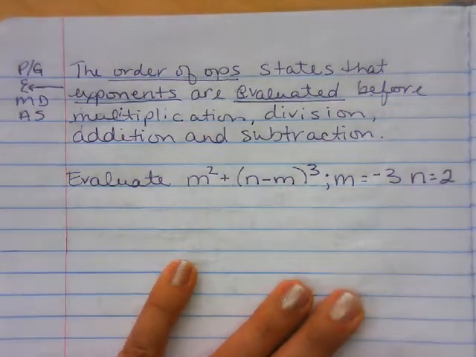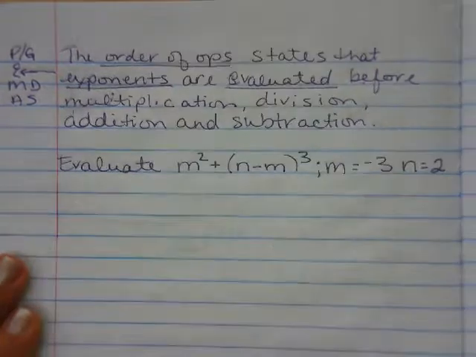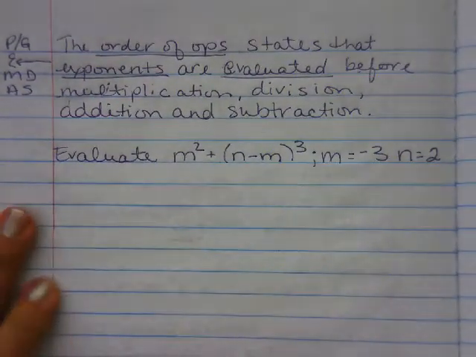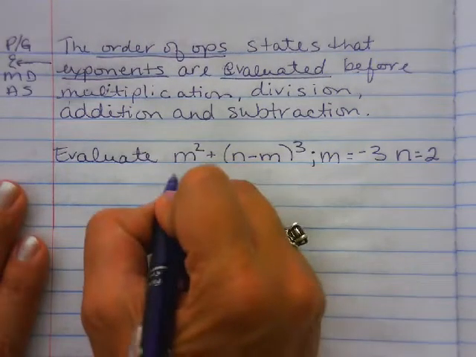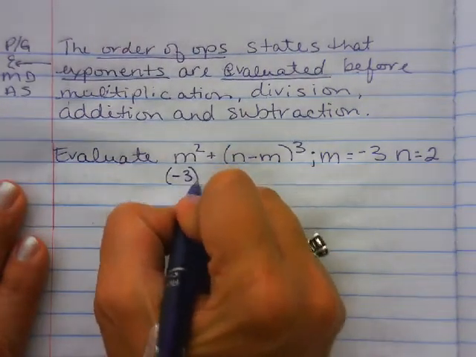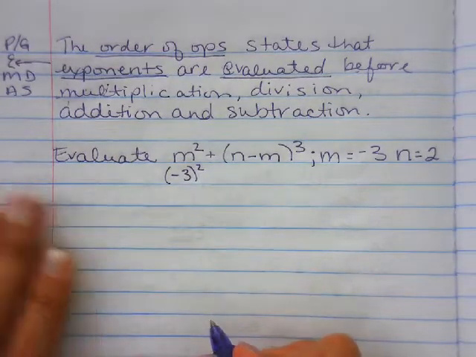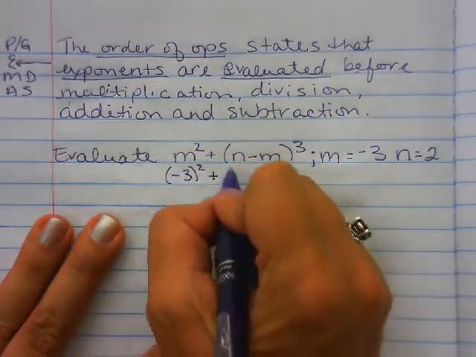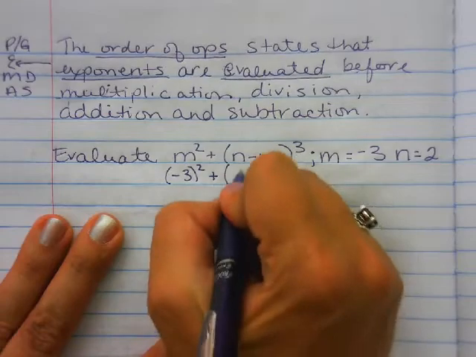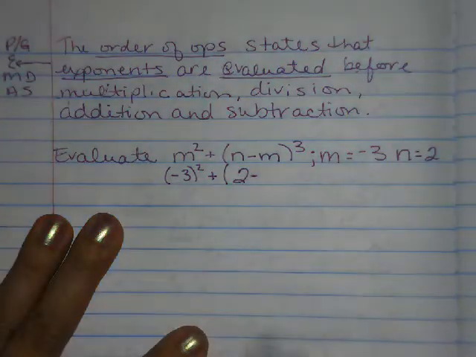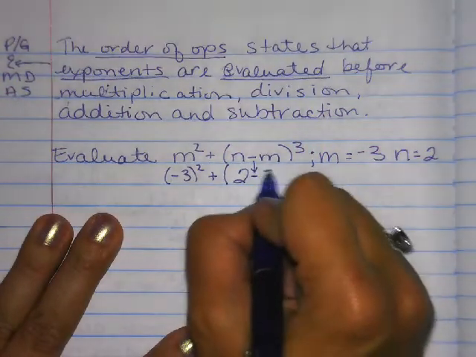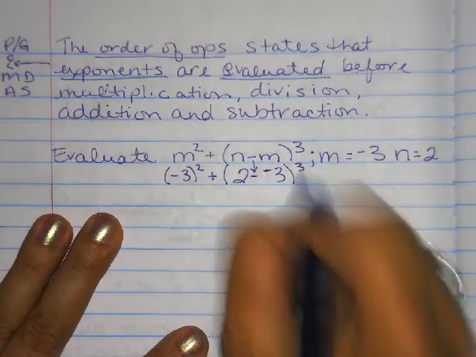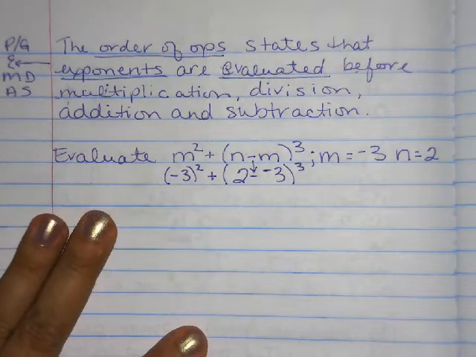In this case, evaluate with variables means we're going to plug those numbers in for the letters and then solve it. So m squared, m is negative 3. I'm going to put that in parentheses so I know that all goes together. Negative 3 squared plus parentheses n is 2 minus, that's the minus from here, and then m is negative 3. So you're going to have to use some of your rules from last year. We learned double negatives become a positive.